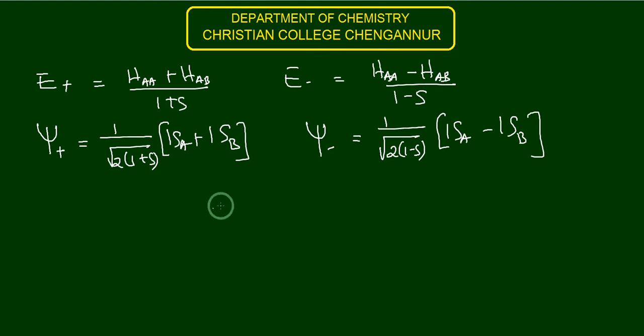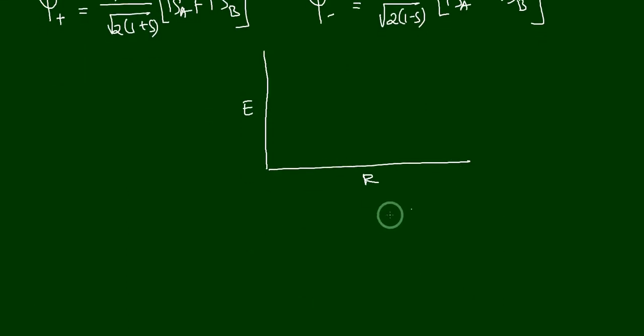For example, if we are plotting the energy versus internuclear distance, we will get plots like this. We are plotting the internuclear distance in this axis, and here we are taking the energy, and let me take this as the energy of the hydrogen atomic orbital.